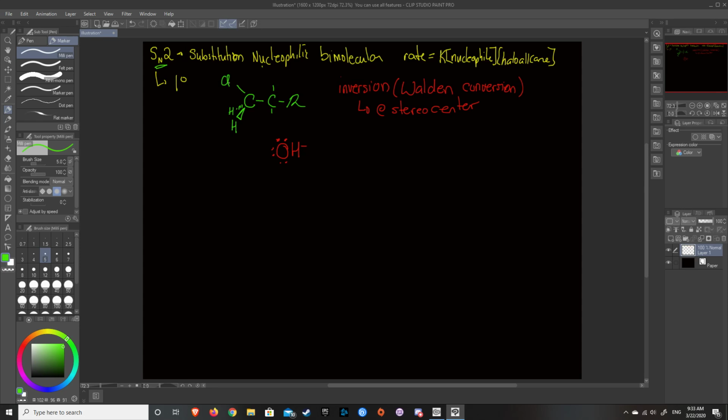So wherever your leaving group is right now, it's the halogens that are our leaving groups that we're studying. It always attacks from the back side. So it attacks from this big gap here. Let me try to change the color. It attacks through this big gap right here. Let's draw out a molecule that's tetrahedral.